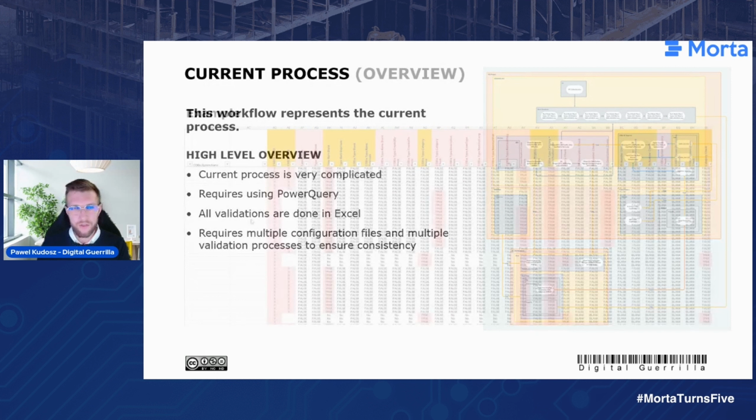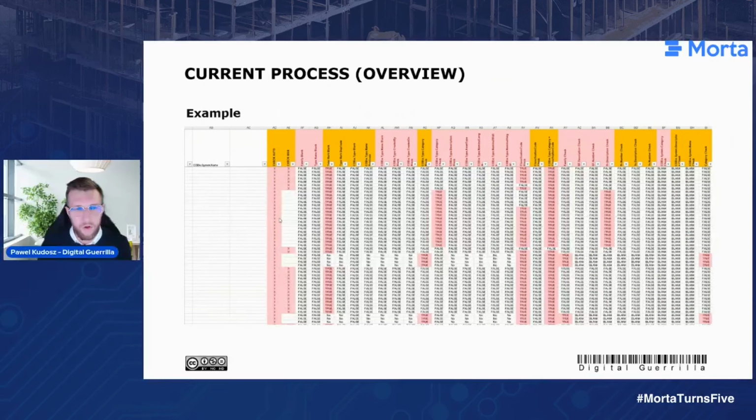But I will just show you a quick example of how the validation looks in Excel. So as you can see, we have the validation columns here, and all the validation rules are built on the current COBie schema and NBIMS version 3 chapter 4.2. And this also expands to checking other deliverables such as IFC.